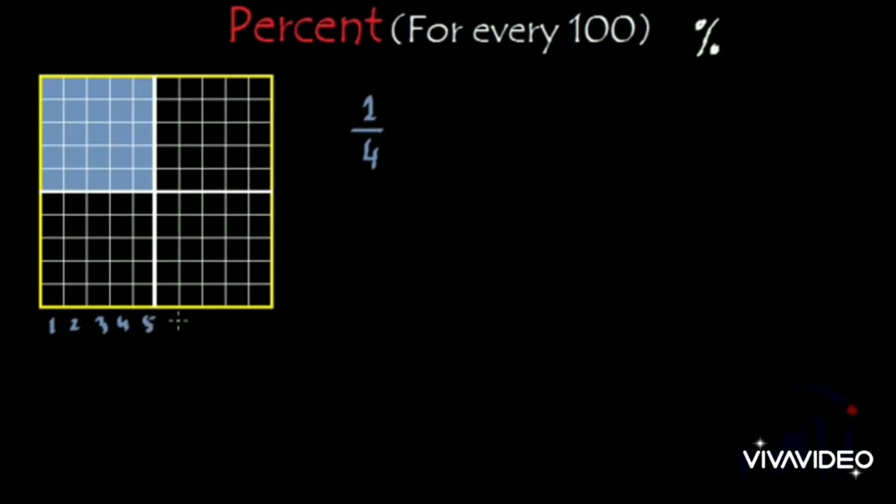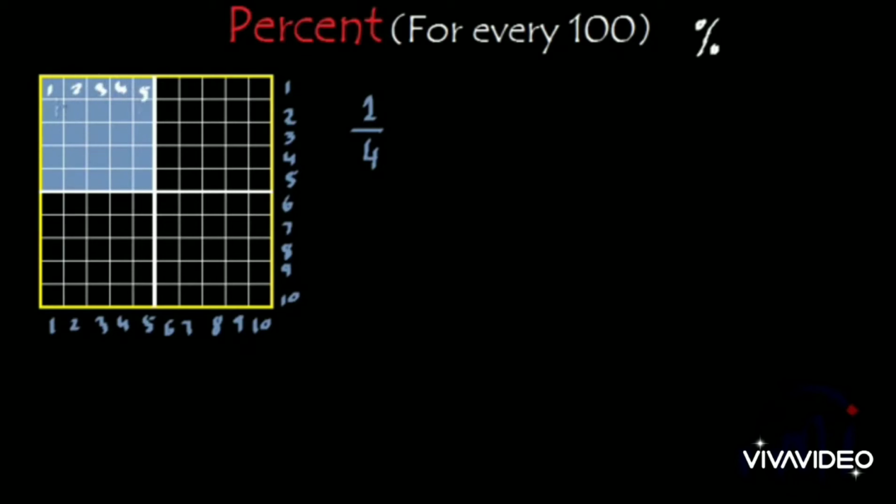So we will divide the rows and columns into 10 parts. 10 tens is 100, from where you can get how much percent of chocolate is being consumed by you.